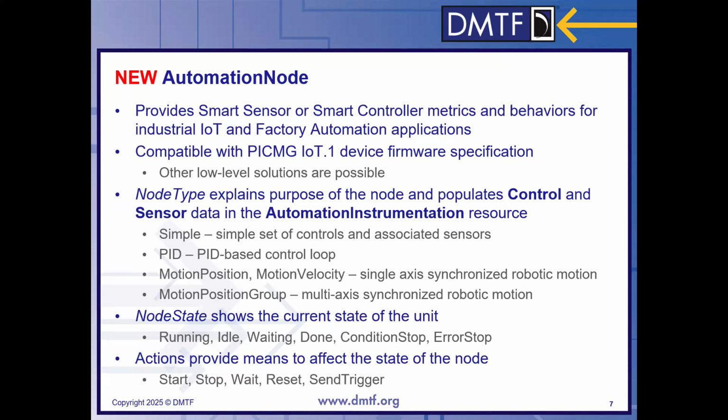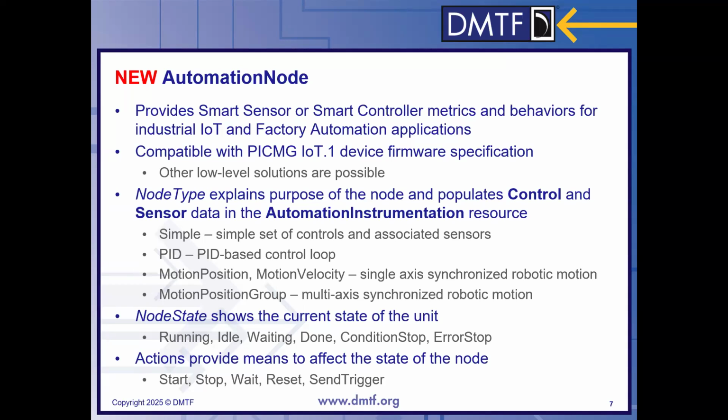So these devices all conform to a spec that's delivered by PICMG to describe how to integrate into these smart factory environments. Some of the highlights in here, there's a node type property that explains the purpose of the node and how to use the control and sensor data within the automation node instrumentation resource. So there's things like a simple type of node where you have a basic control instead of sensors.